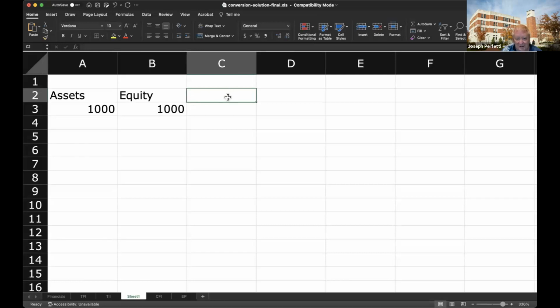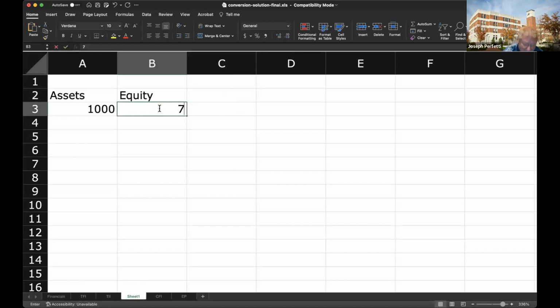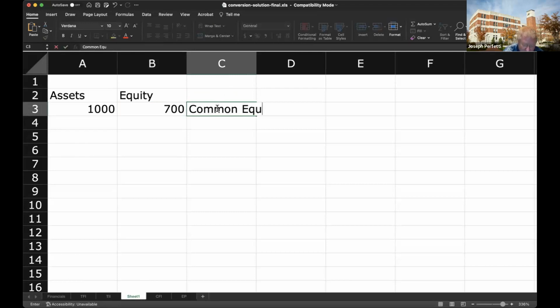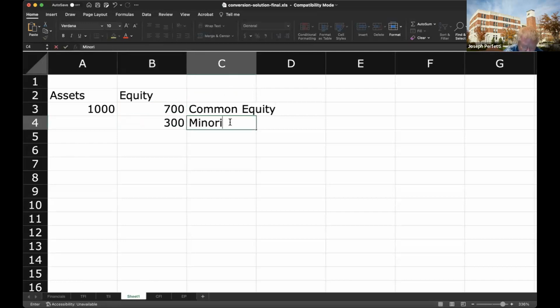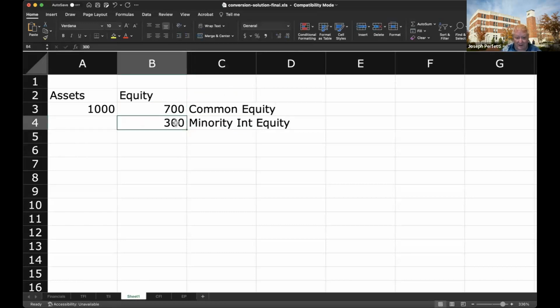So what happens is I would have in this equity account, 700 belongs to my common equity. And 300 belongs to a minority interest equity. So I would put this 300 on my balance sheet separately from my common shareholders. This would be in my common equity. This would be on the minority balance. I still have 1,000 equity that equals 1,000 of assets.